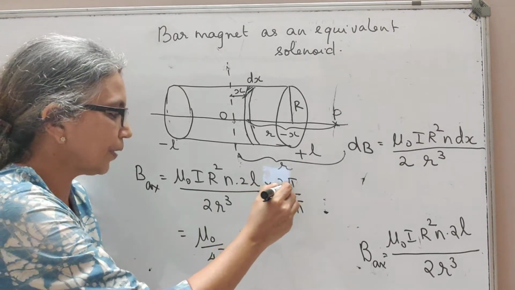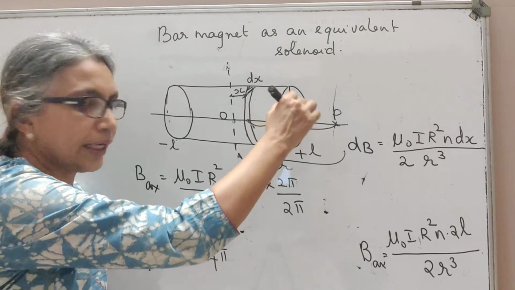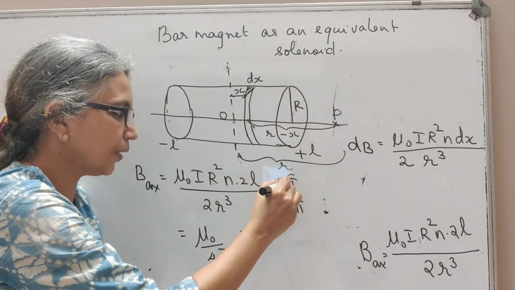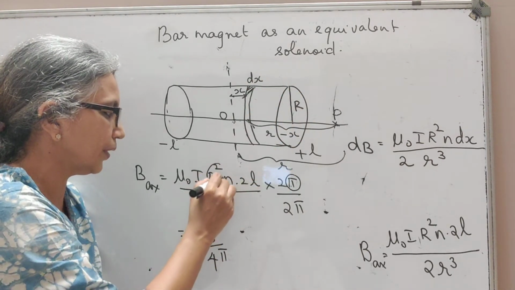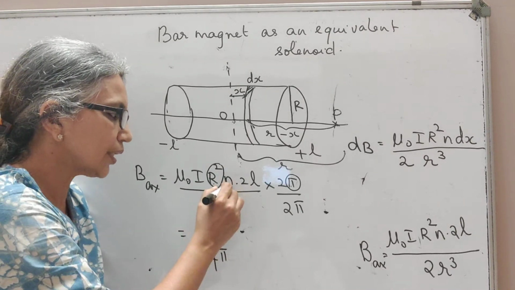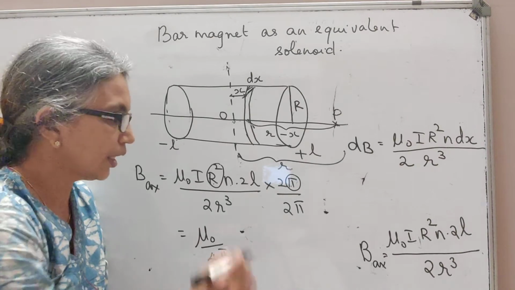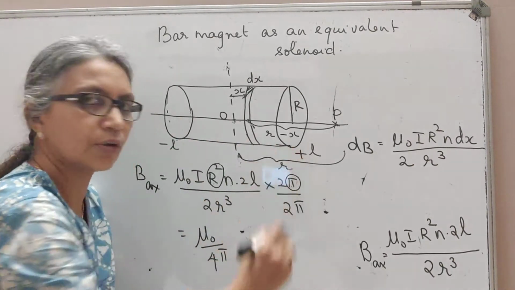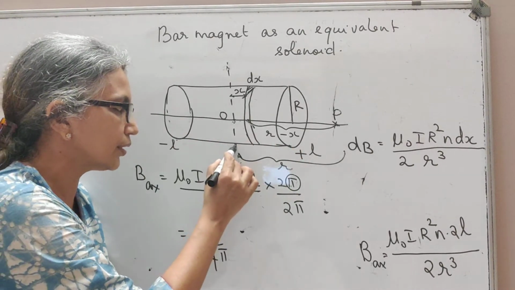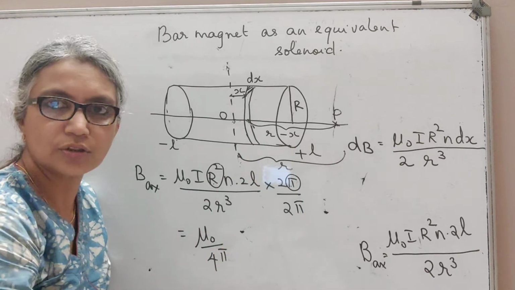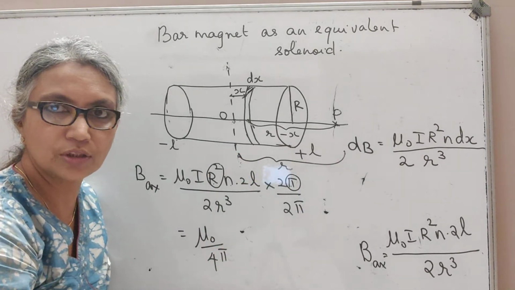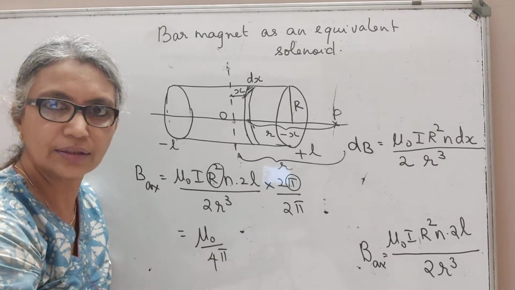Then this pi r square you know is the area. So pi r square I am going to replace as area. What is n into 2l? n is the number of turns in unit length and 2l is the total length of that solenoid. From here till here it is L. There is another L till here. So total length of the solenoid is 2l.